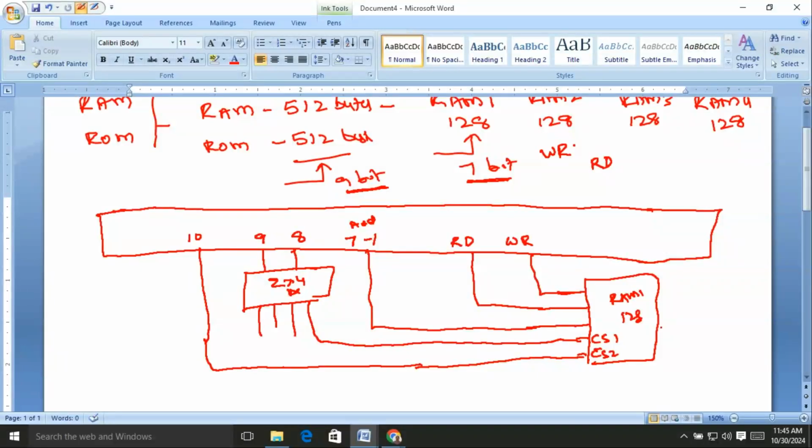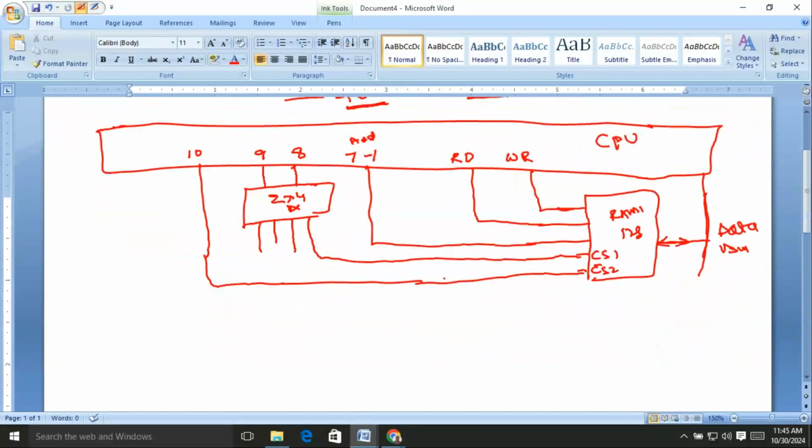To extract or write the data, there is 8-bit data. The 8-bit data line is connected here to the data bus. This is the data bus. So this is the first interconnection structure of the first RAM chip.